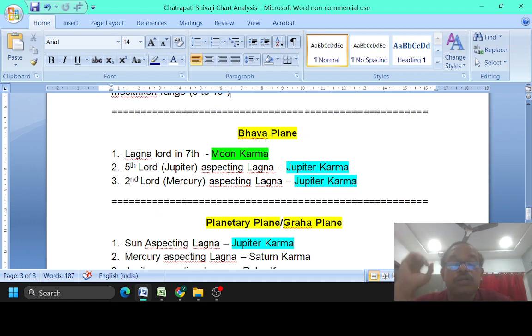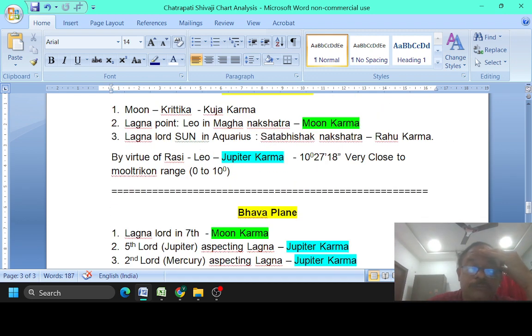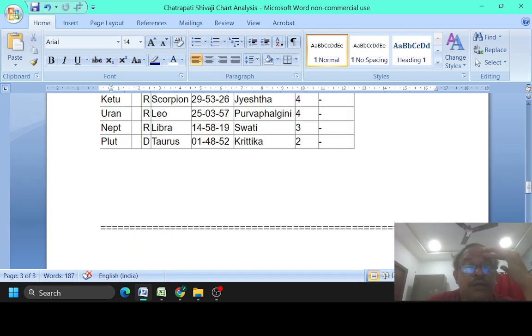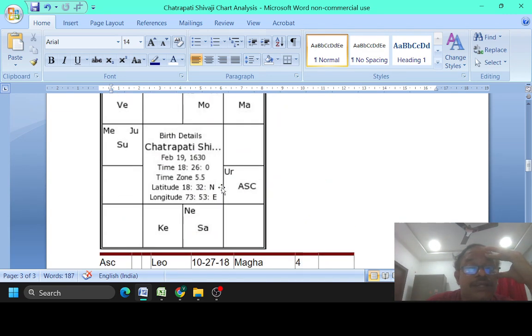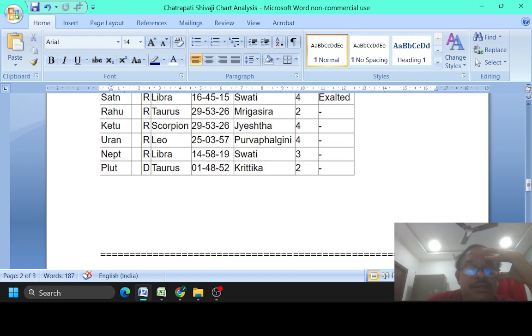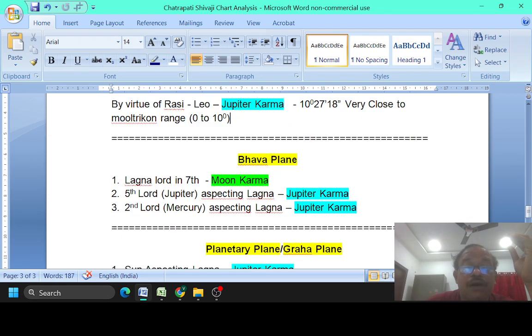The 5th lord gives Jupiter karma, and because of the aspect of the 5th lord and 2nd lord, and Lagna lord in the 7th, he has Moon karma. On the bhava plane, excepting these three, no other planet is connected to Lagna, so we confine only to these three karmas in the bhava plane.